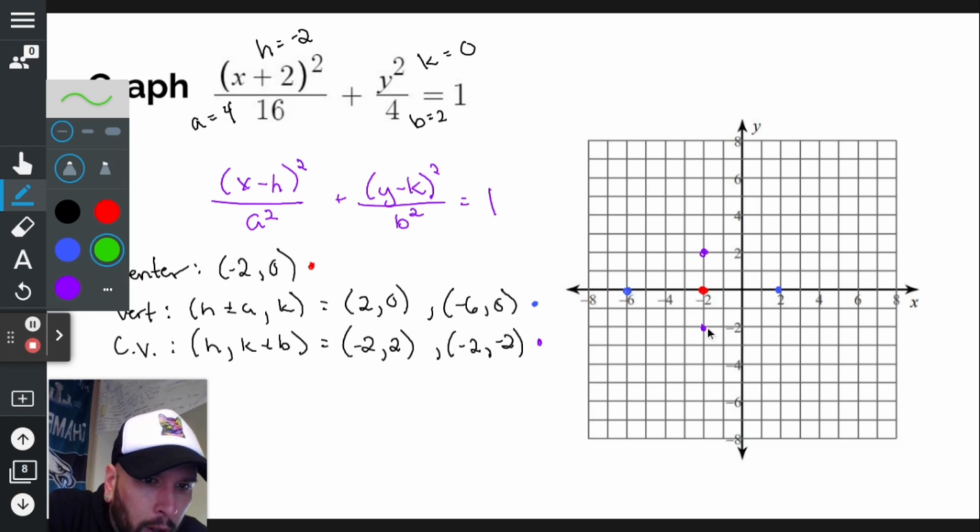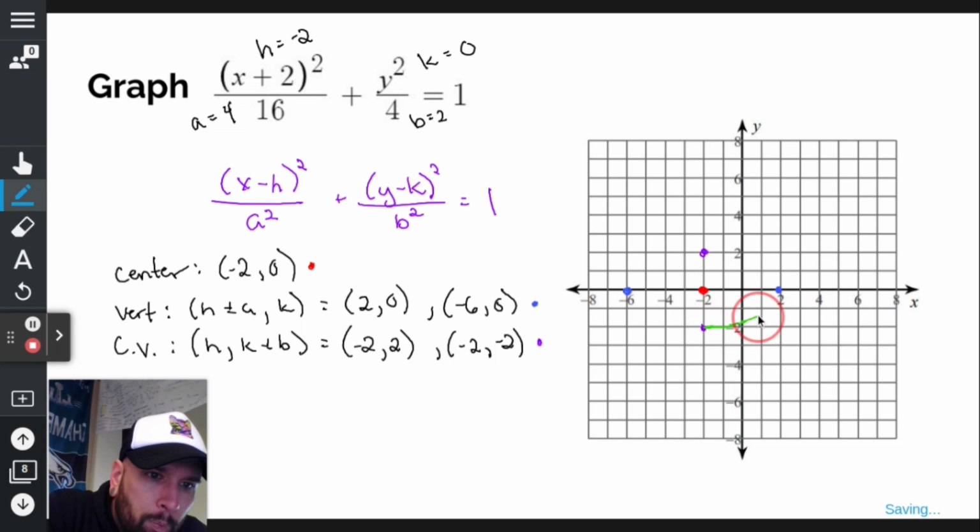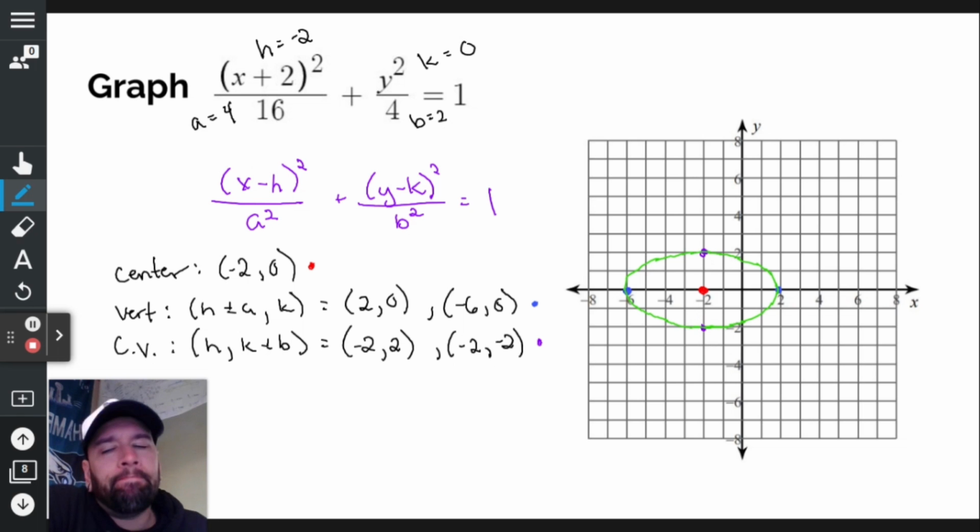And now we draw it out. So major axis, minor axis, just like I promised it would be.